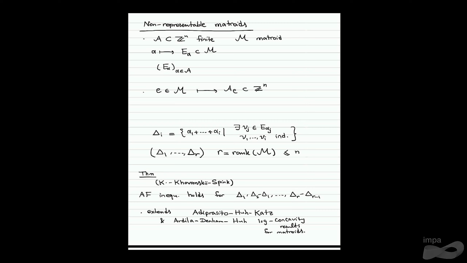Just, if you work with an abstract matroid and not a representable matroid, a non-representable matroid, then you don't have a system of equations or a vector valued equation, but you have the sequence of polytopes. And then you can ask whether it satisfies Alexandrov-Fenchel, and it does.